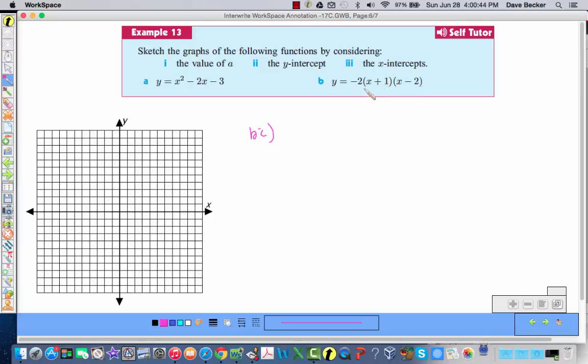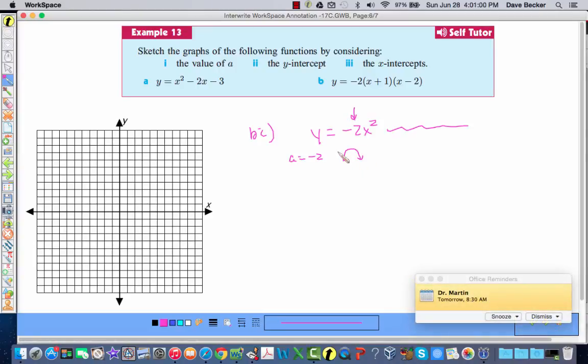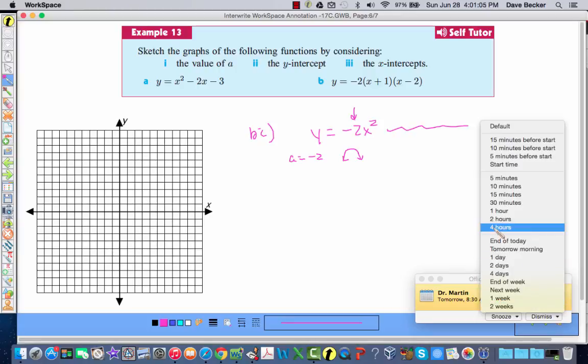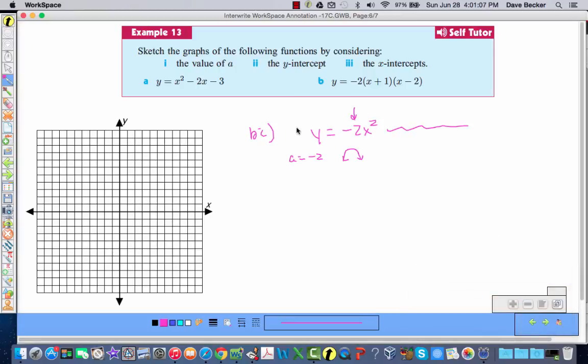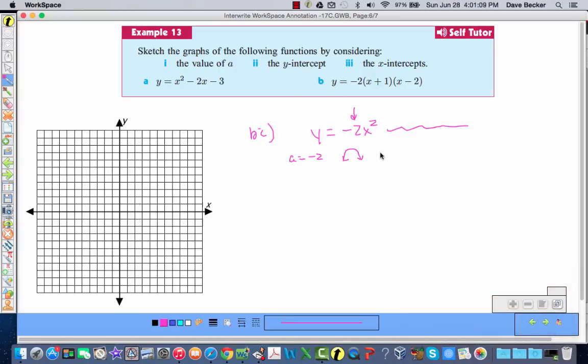If I were to FOIL this, I would have y equals -2x squared and then some other stuff. But this is all I care about here, the value of A. So A equals -2. That means my parabola is going to be open downward, and it is going to be steeper than y equals x squared.